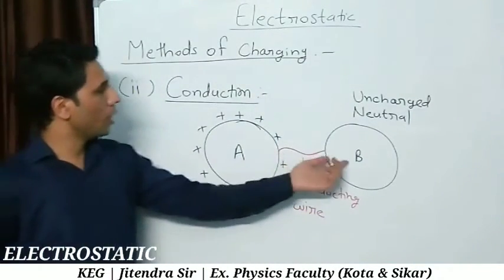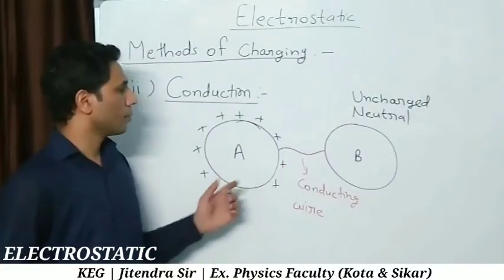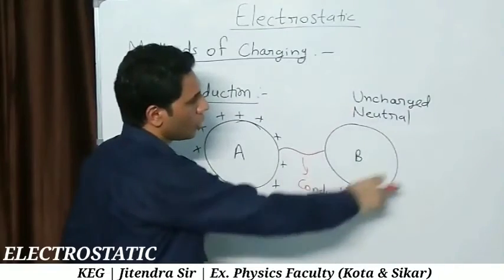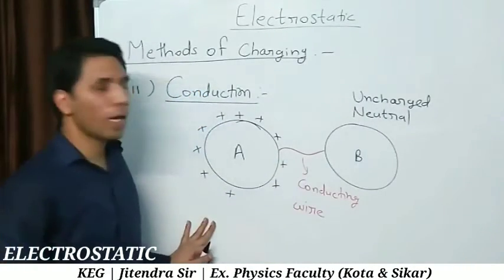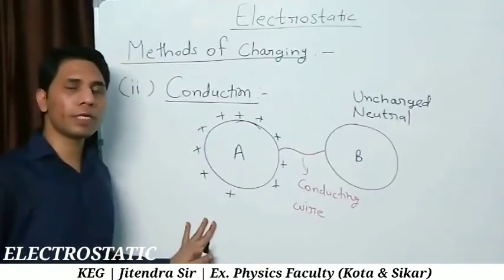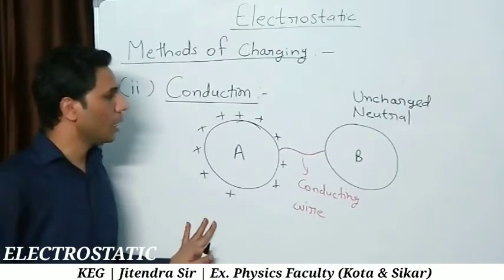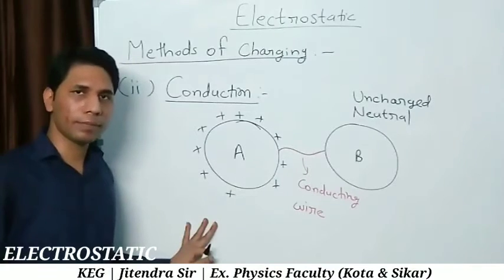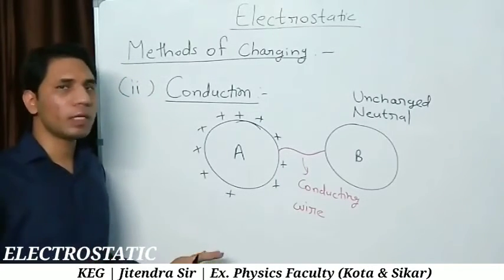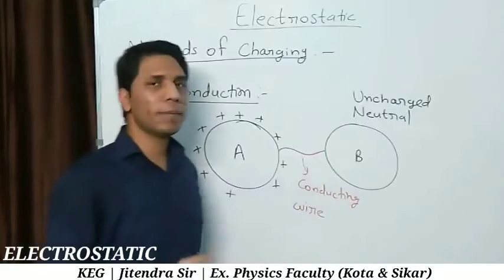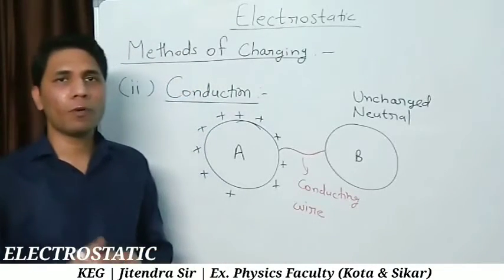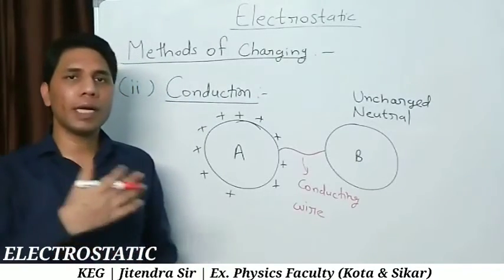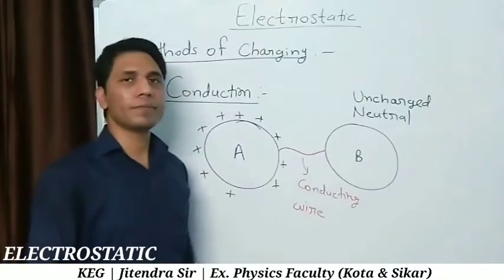As we connect these bodies by a conducting wire, the charge will transfer to this uncharged body. And what amount of charge will transfer to body B? It depends on the potential of body B and body A. We will talk about potential later.